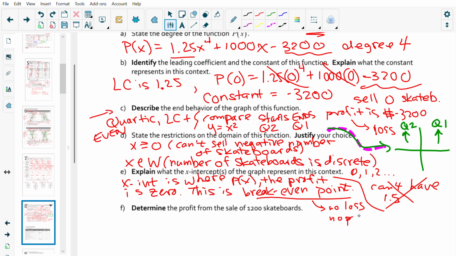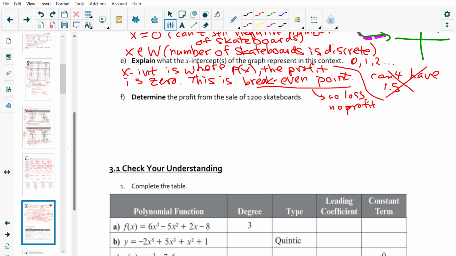So break-even point means no loss, no profit. This is where the money you're making covers exactly your expenses. So you're breaking even, okay?